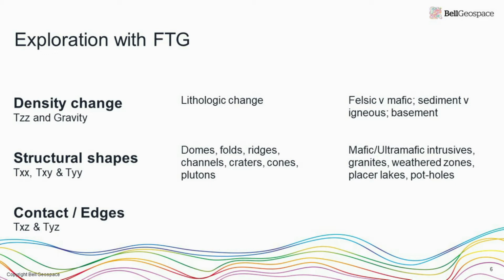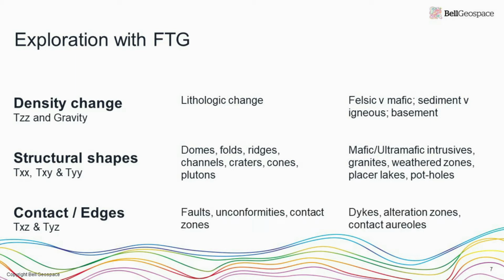They all show density contrast and formulate 3-dimensional shaped features, and we can directly relate them to where we are in the geological exploration model to identify mafic, ultramafic intrusives, granites and weathered zones and the like. And then the contact edges allow us to pick out faults, unconformities, contact zones, and we can relate them to dikes or alteration zones and the contact aureoles themselves.